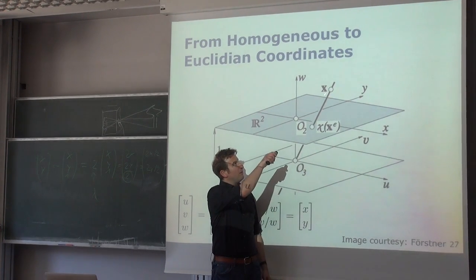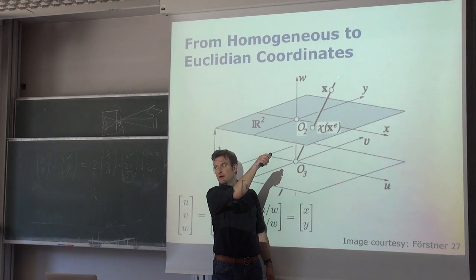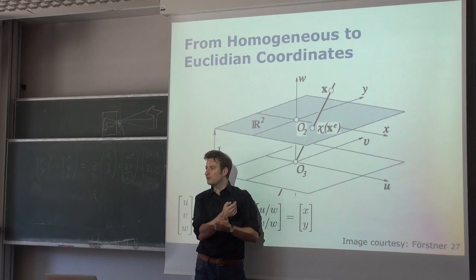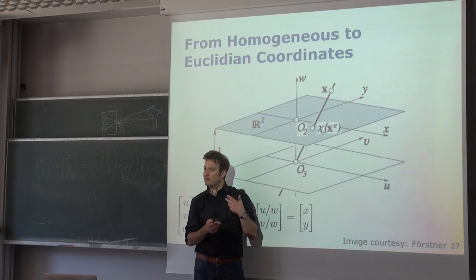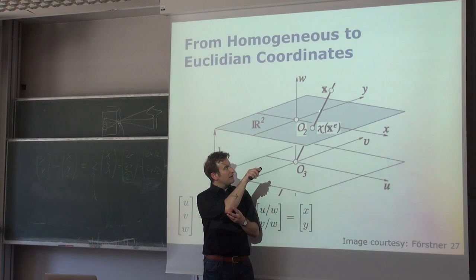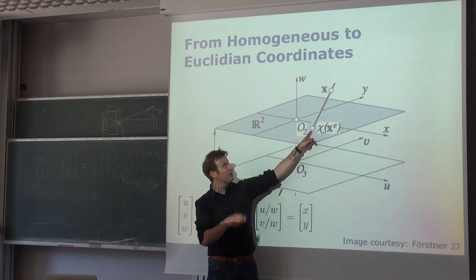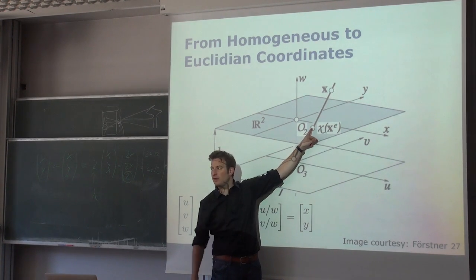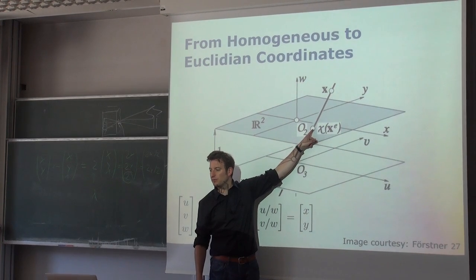And we can also have a point which sits somewhere over here. If I do the normalization so that the last component is 1, which basically means I divide all the components through the last component, what happens actually is that I move this point back to exactly this point. So for this reason, every point which lies on that line corresponds to the same point in the 2D world.